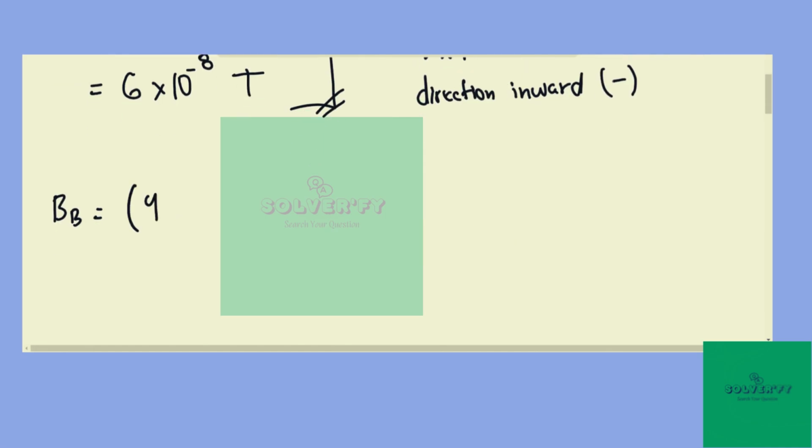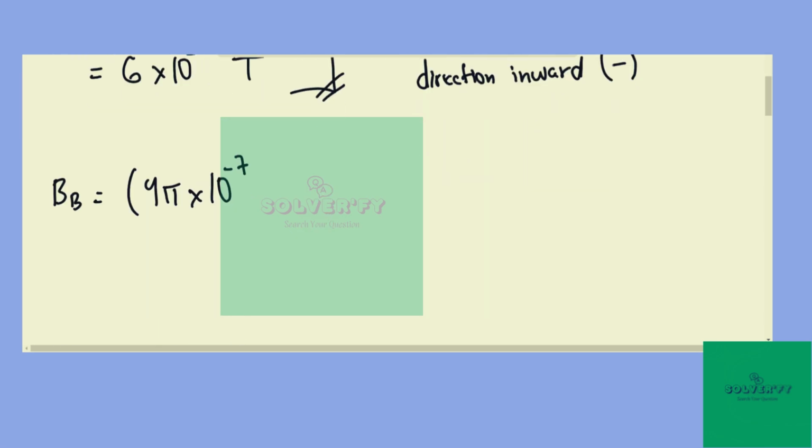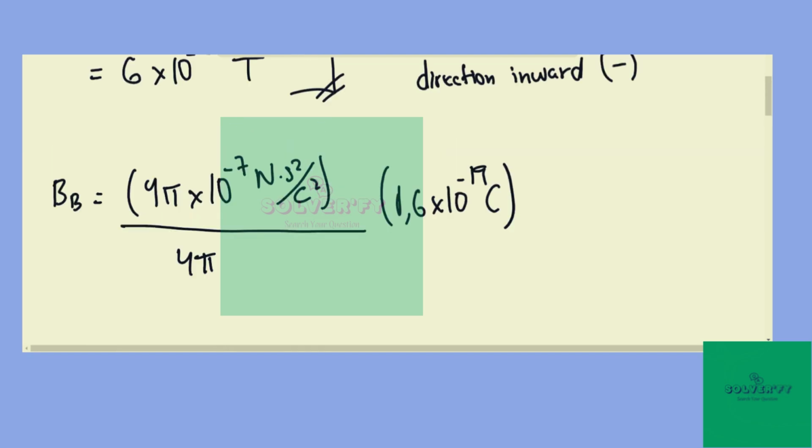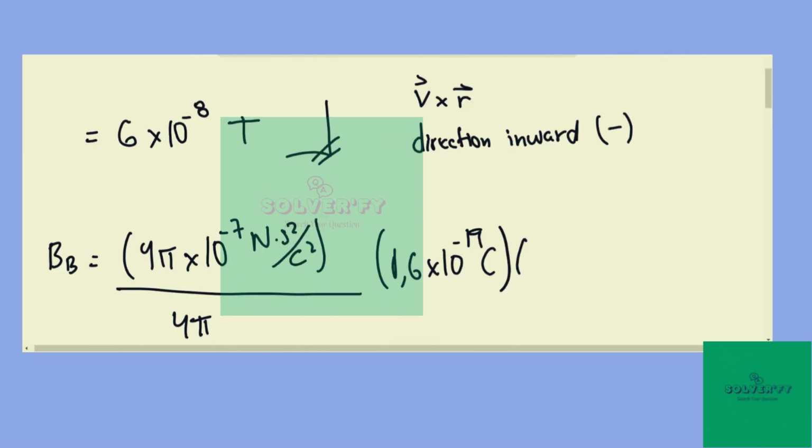So we have the permeability of free space over 4 pi. Everything else is just the same as before: the velocity, the speed of the electron, the same.